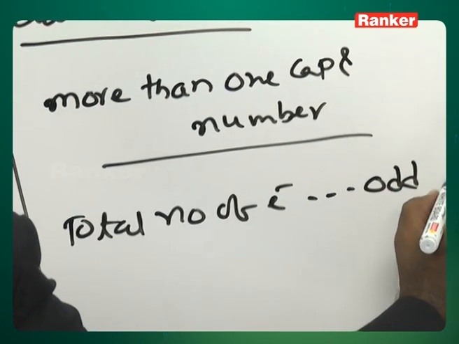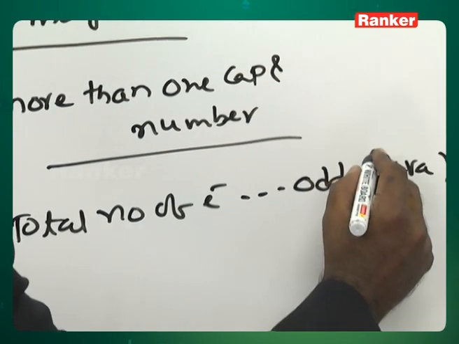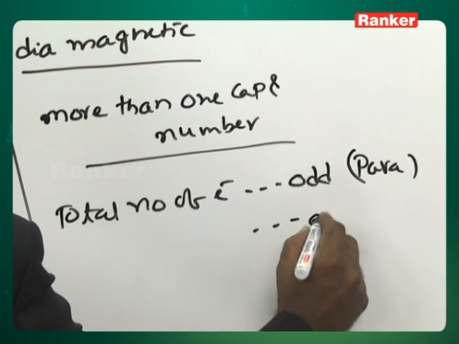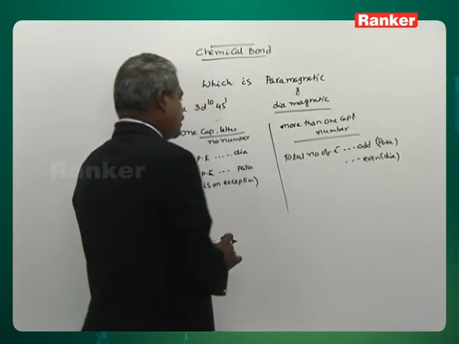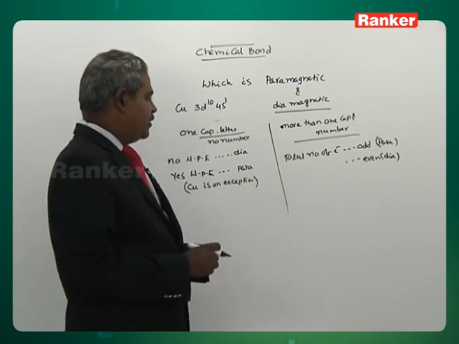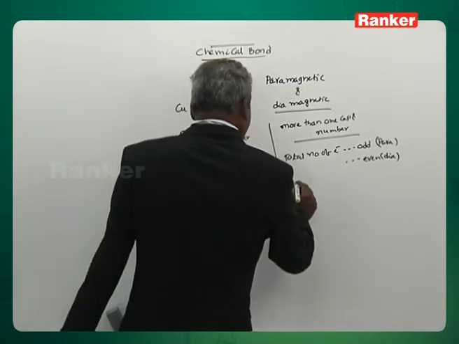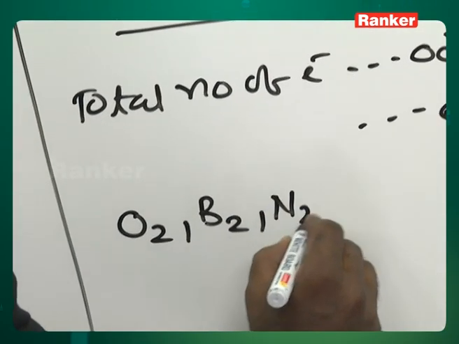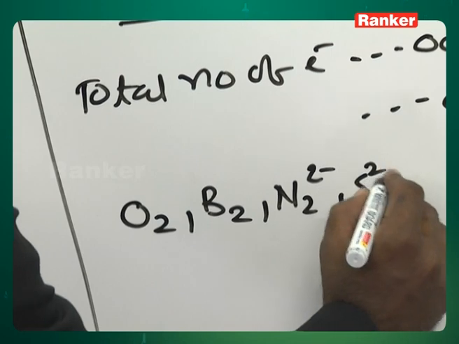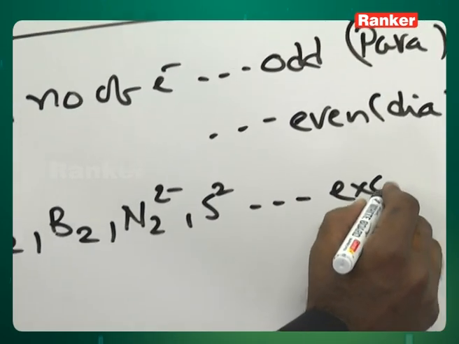Odd number, it is paramagnetic. Even, it is dia. Total number of electrons, odd, para, even, dia. O2, B2, N2 2 minus, and S2 are exceptions.